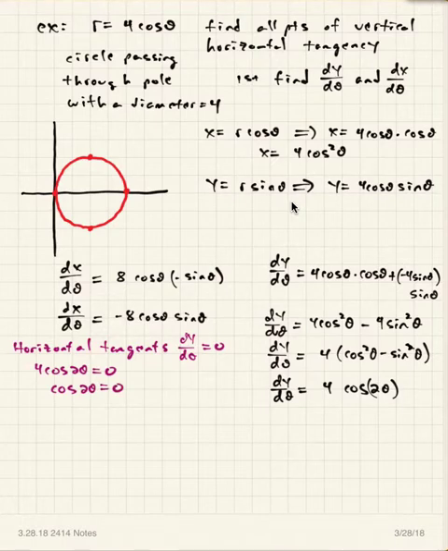And that would be when the angle is pi over 2 and 3 pi over 2 and so on. And so theta would be pi over 4 and 3 pi over 4 and so on. So when theta is pi over 4, 3 pi over 4, etc., you're going to get horizontal tangent lines.